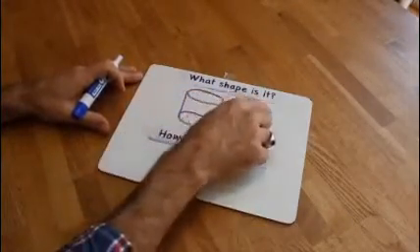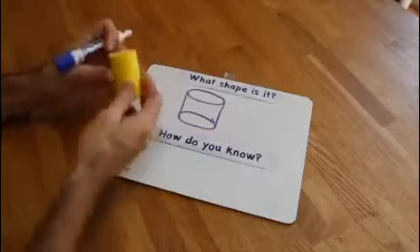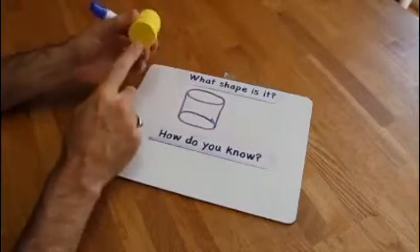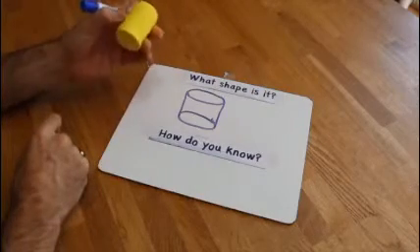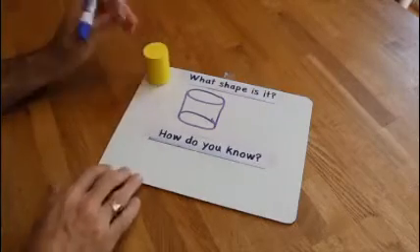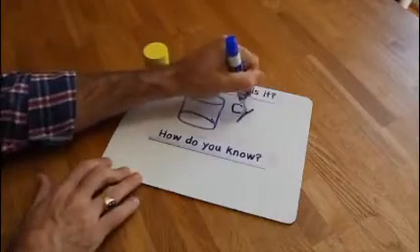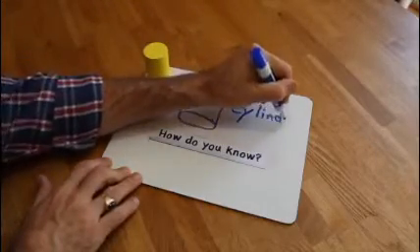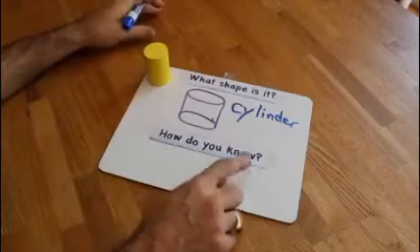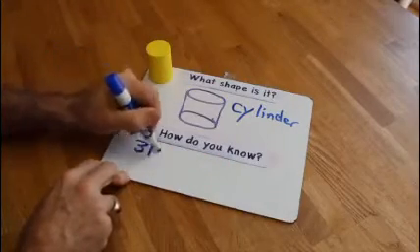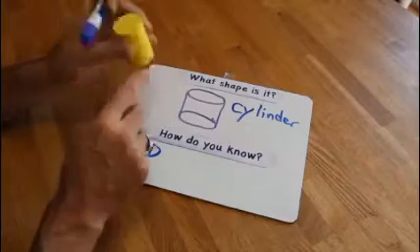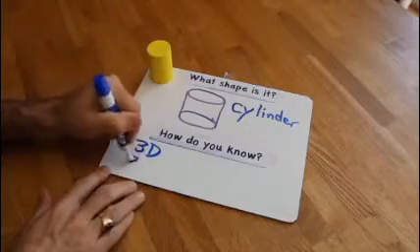What shape is it? There's our picture. Here's a real one. Can of soup, soda can. Lots of different things are this. They are a cylinder. Cylinder. How do you know? Well, it is three-dimensional. It has two circle faces.